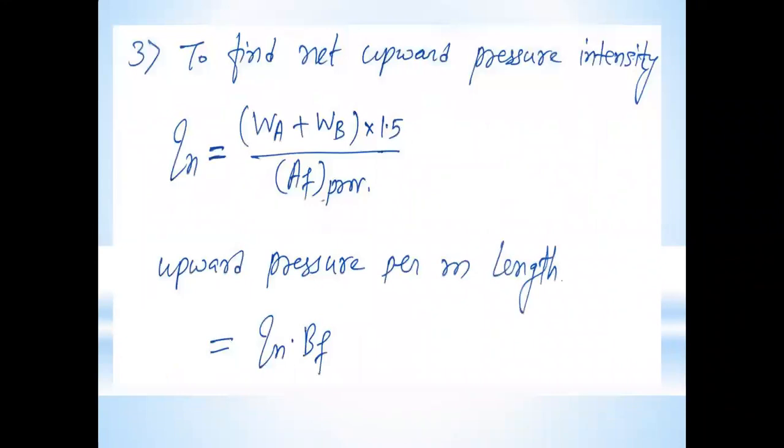Next is to find the net upward pressure intensity. How to calculate it? Load divided by its cross section area. The load is the column load, that is WA plus WB into 1.5, where 1.5 is the factor of safety, divided by its cross section area. So we'll get the upward net pressure.